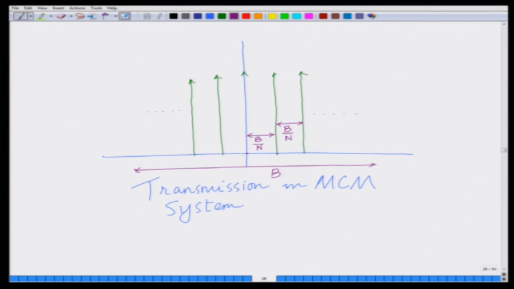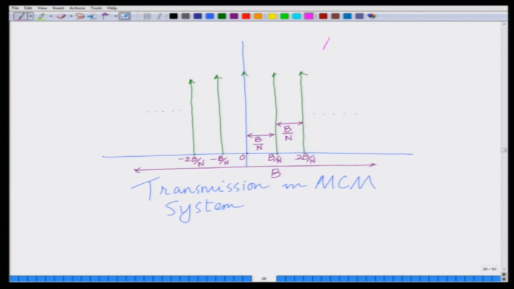So, I have the first sub carrier at 0, second sub carrier at B by N, another sub carrier at 2B by N, another at minus B by N, another at minus 2B by N, and so on and so forth.